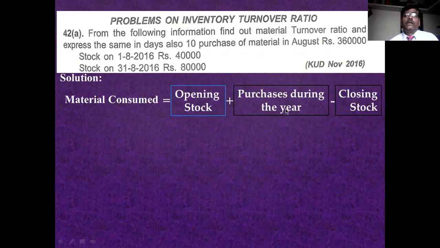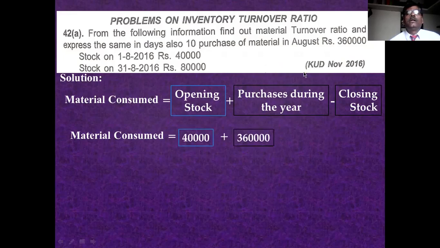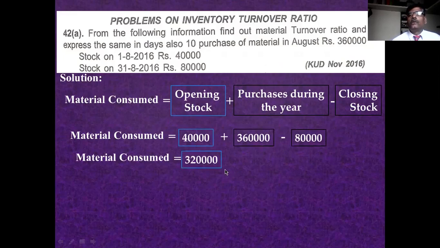I copied the equation and pasted, so it is a slight mistake. Opening stock plus purchase during the month minus closing stock. You write the equation and fill the values. Material consumed is equal to opening stock 40,000 plus 3,60,000 purchase minus closing stock 80,000, which is equal to 3,20,000 material consumed.